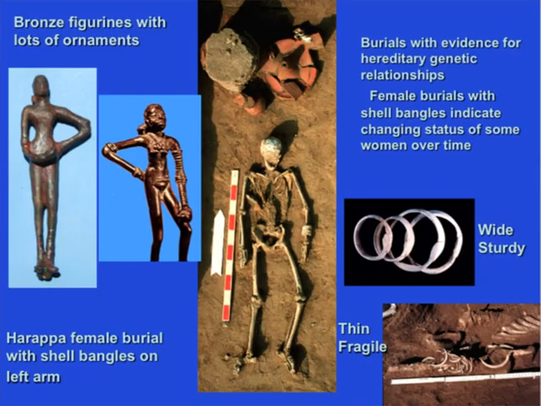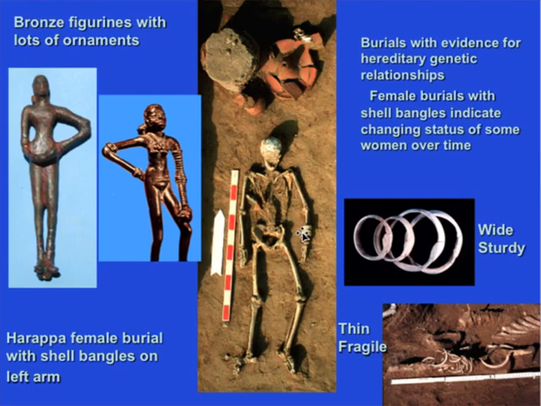Shell bangles are the only example of materials buried with the dead that have a specific pattern. And at Harappa we see many female individuals with bangles on their left arm.